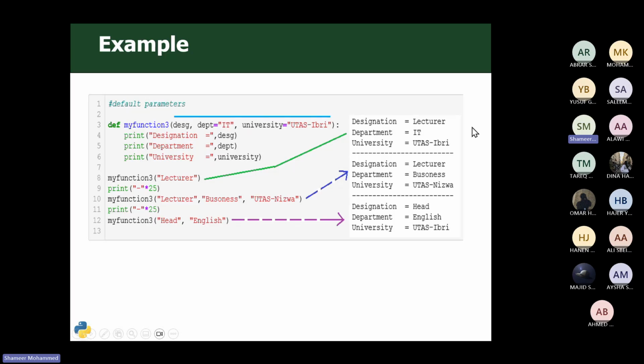So default is IT, default is Ibri. But if you pass here, what is your department, business, and what is your branch name, then that will come here. Here see, designation is head, department name is English. Now Ibri is default coming here. Right, so this is the usage of your default parameters.